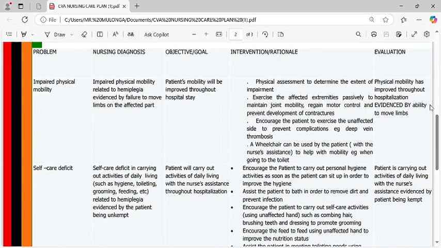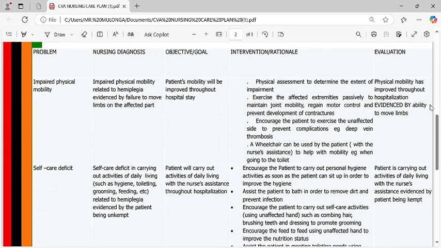Number two, I will exercise the affected extremities passively to maintain joint mobility, regain motor control, and prevent development of contractures.